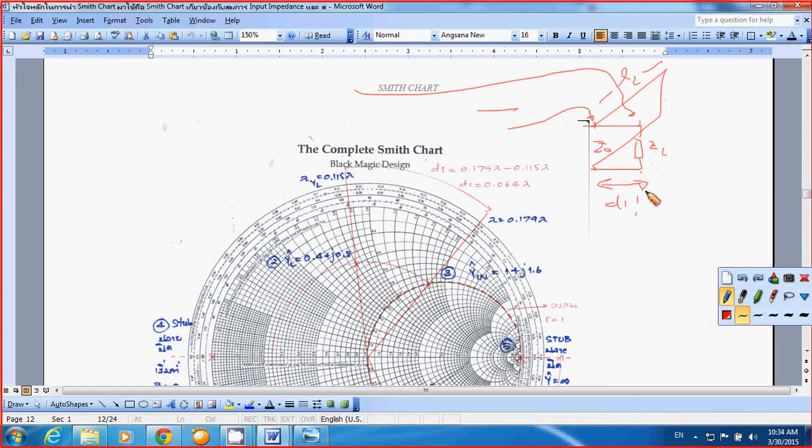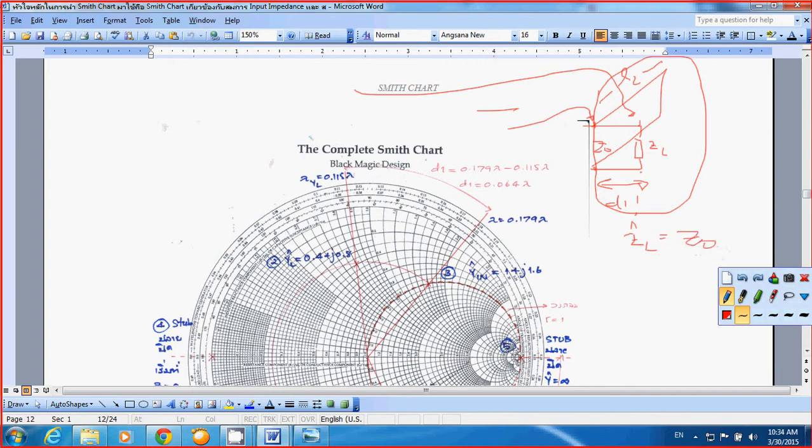So you look back again: when you have your ZL not equal to Z0, the transmission line is not matched. What you need to do is use the help of the stub that connects to the transmission line and make the whole system have your ZL finally normalized equal to Z0.